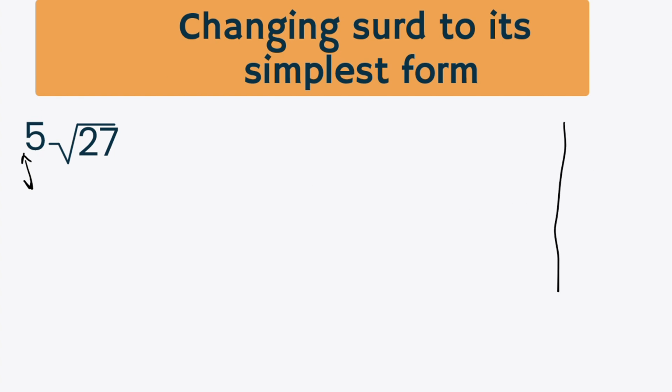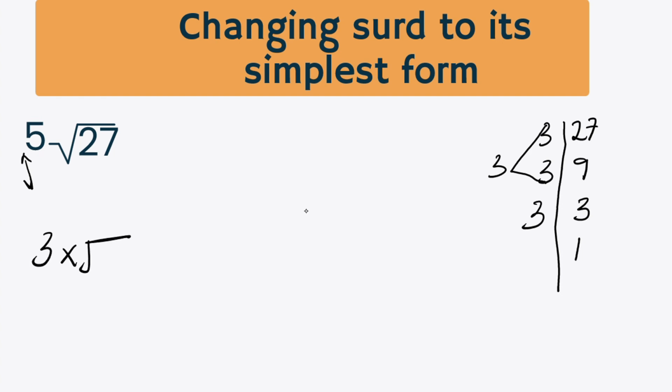So I have 27. 3 would divide to give me 9. 3 would divide to give me 3. And 3 would divide to give me 1. So let me group. I'll have this 3. Now remember, the general formula is product of grouped times square root of product of the ungrouped, and the product of the ungrouped here is 3.